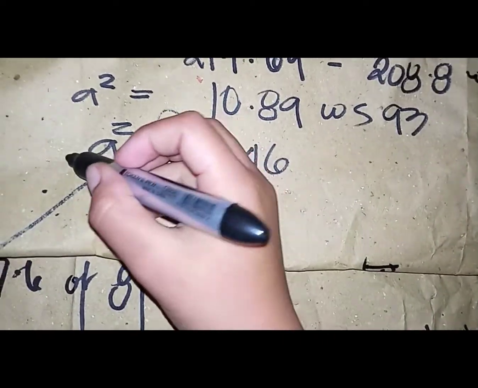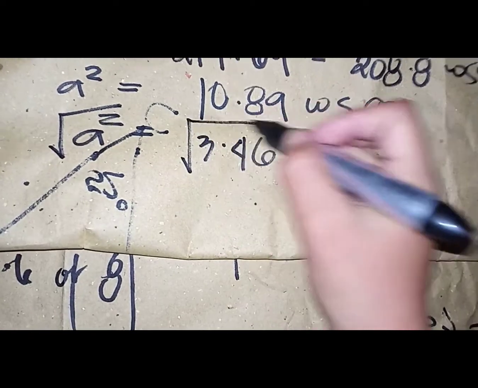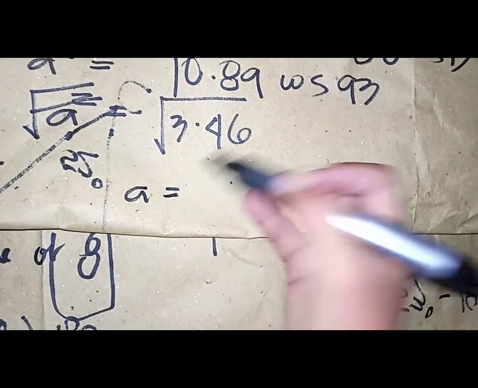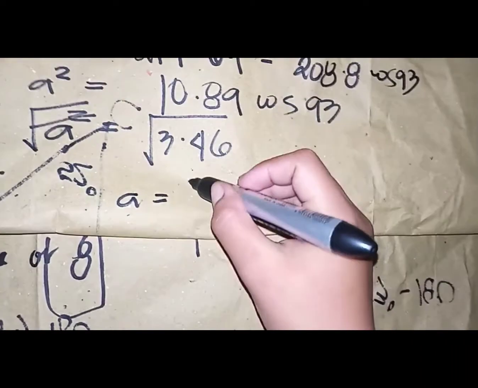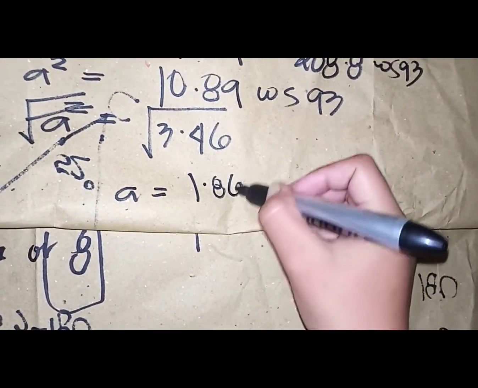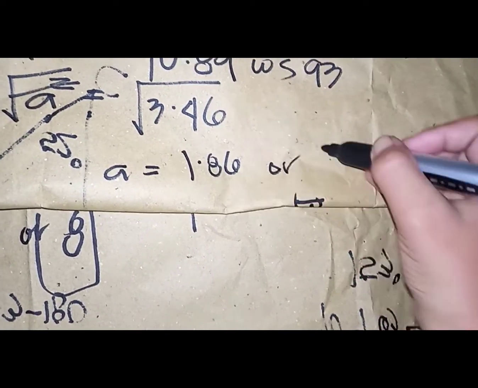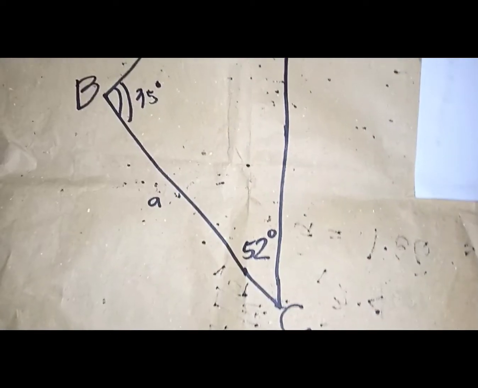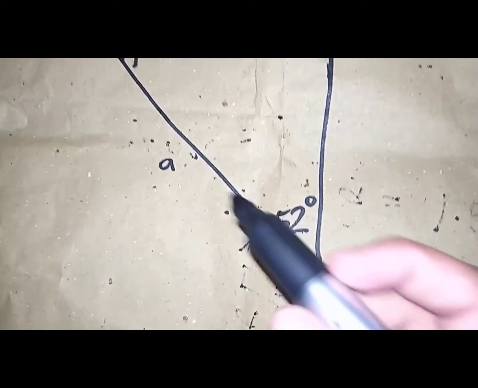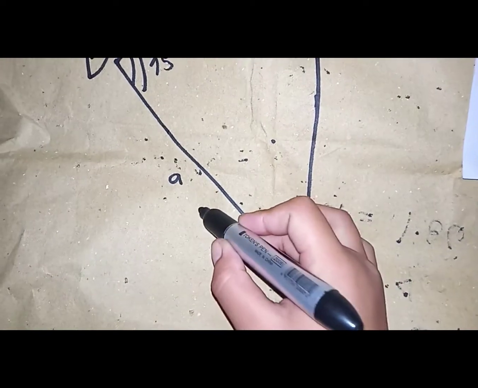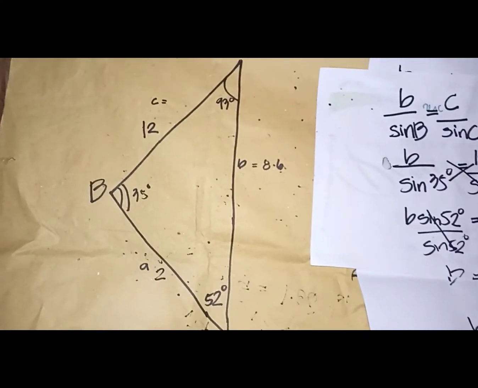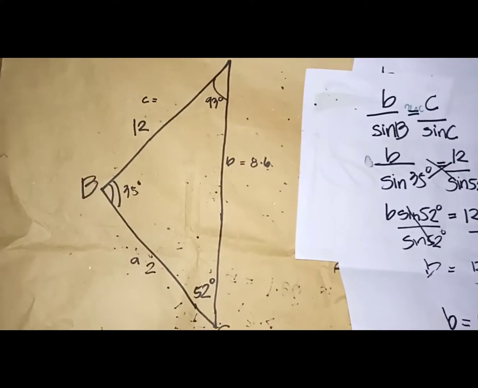And then to cross out the square, take the square root. The square root of 3.46 is equal to 1.86 or 2. So our A is equal to 2. Alright, we've got the missing ones. So that's how to solve the non-right triangle.